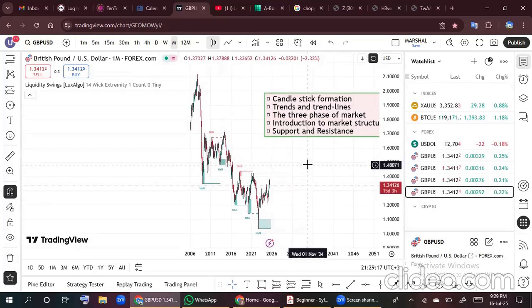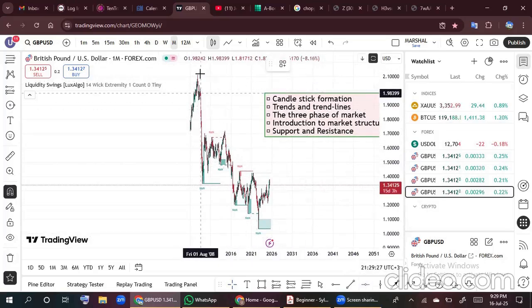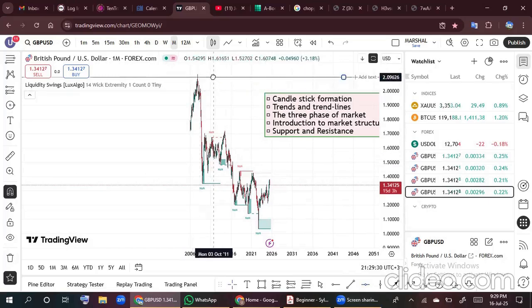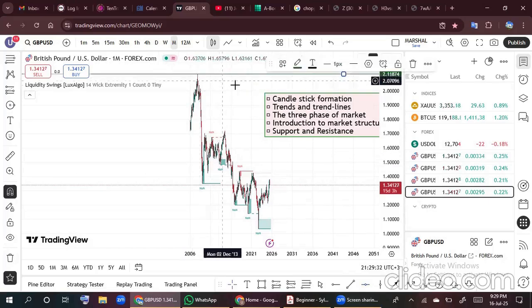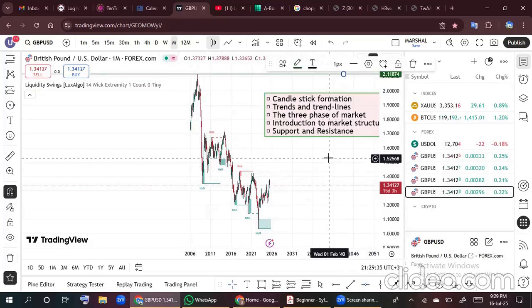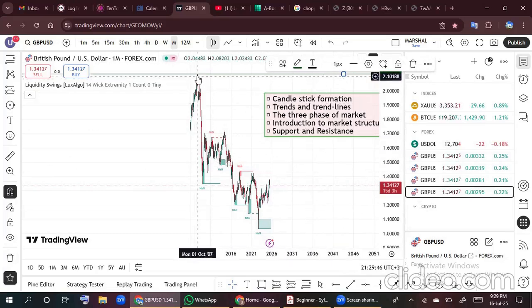Now, this is pure technical analysis. You can use this tool, this horizontal line, to mark out levels from the high tip. There are two ways to draw trend lines or just general lines on the chart. The first is to put it on the tip of the wick.